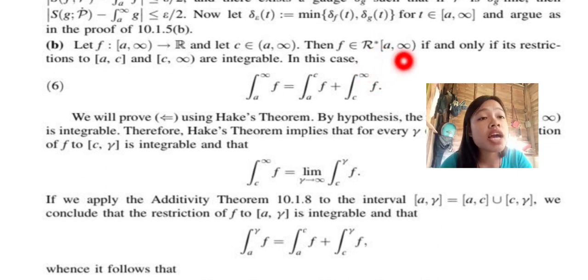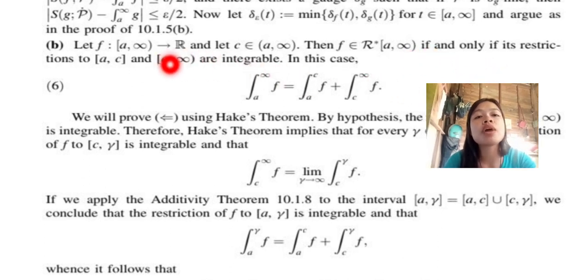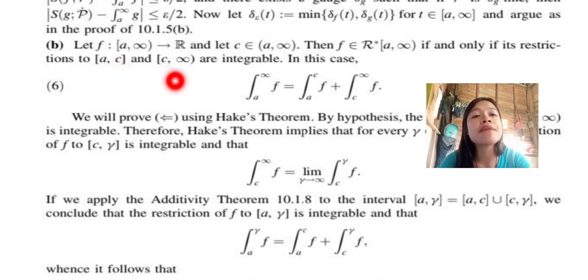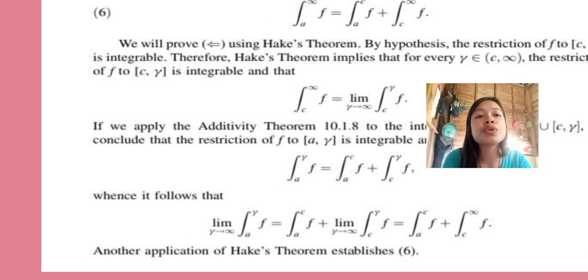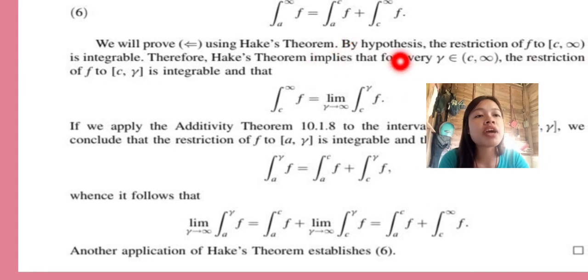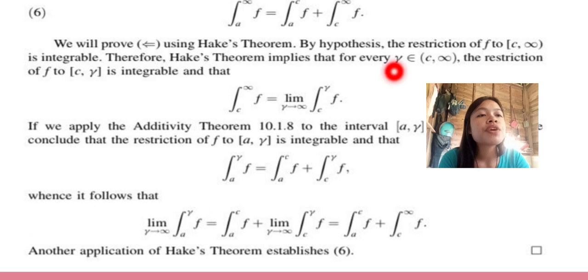integrable functions on the interval [a, ∞) if and only if its restrictions to the partial intervals [a, c] and [c, ∞) are integrable. In this case, the integral from a to ∞ of f equals the integral from a to c of f plus the integral from c to ∞ of f. We will prove this using Hake's theorem. By the hypothesis, the restriction of f to the interval [c, ∞) is integrable.